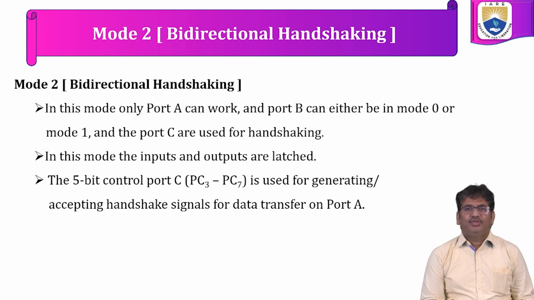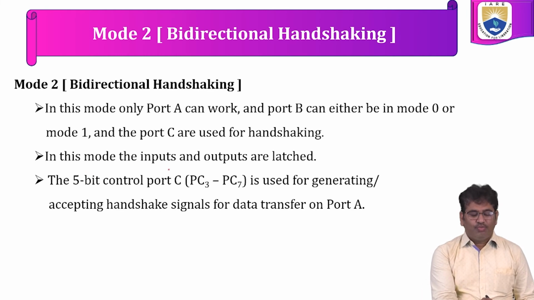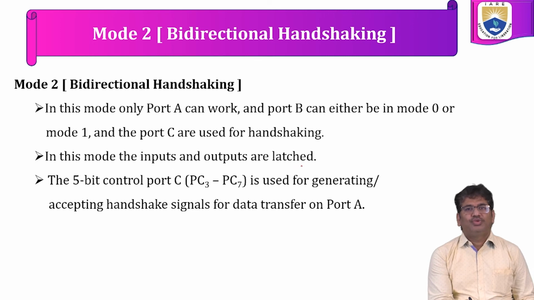Port C is used for handshake signals. In this mode, the inputs and outputs are latched. The 5-bit control port of port C, that is PC3 to PC7, are used for generating or accepting handshake signals for data transfer on port A.